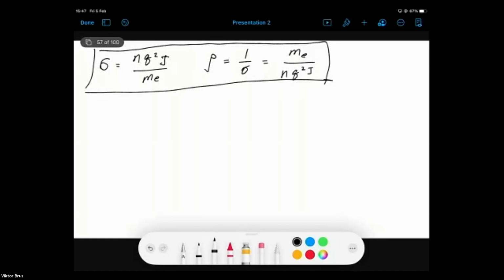Why? Because we see that in these expressions for sigma and rho, we don't see any field dependence. N is a property of the material, the concentration of charge carriers in the unit volume. Tau is again a property of the material.